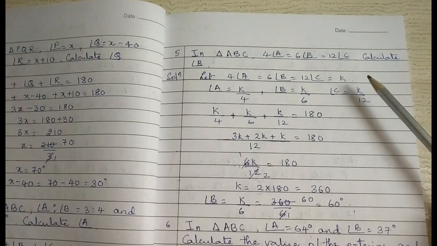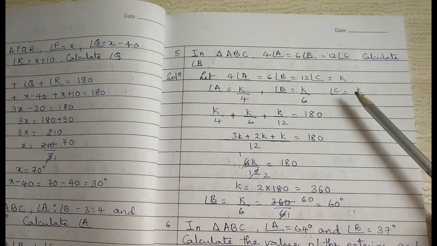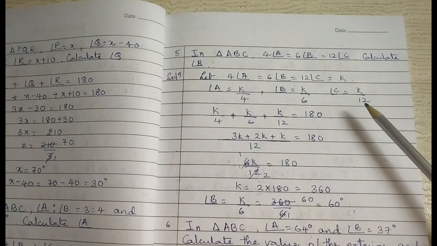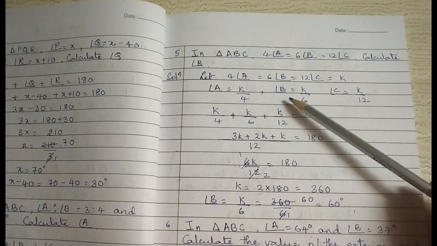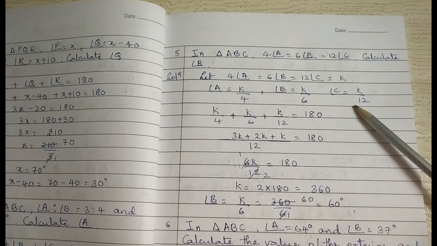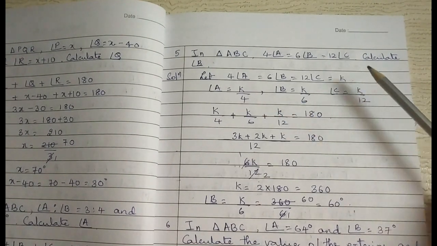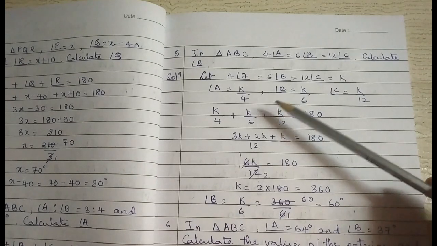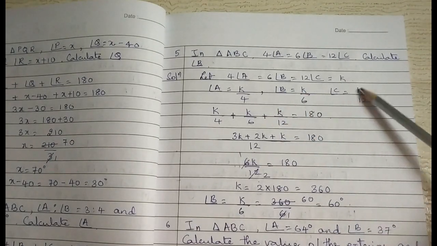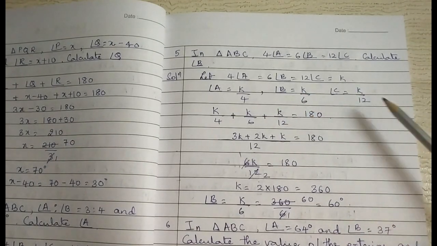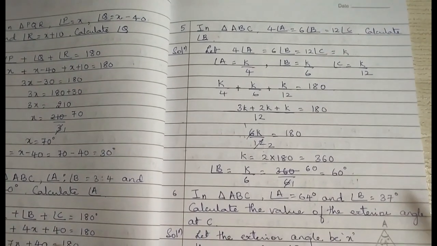So we know that the sum of the three internal angles is equal to 180 degrees. So angle A plus angle B plus angle C is equal to 180 degrees. In place of angle A, angle B and angle C, we will write K by 4 plus K by 6 plus K by 12, which is equal to 180 degrees.